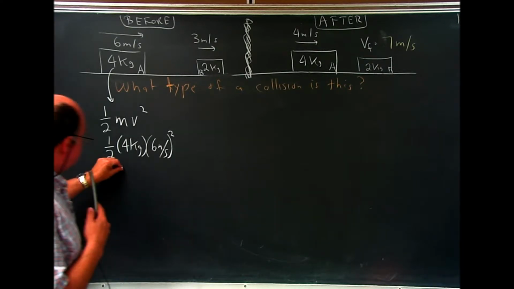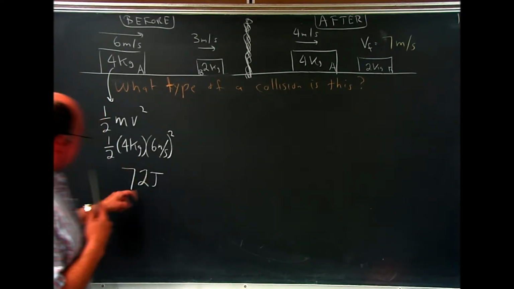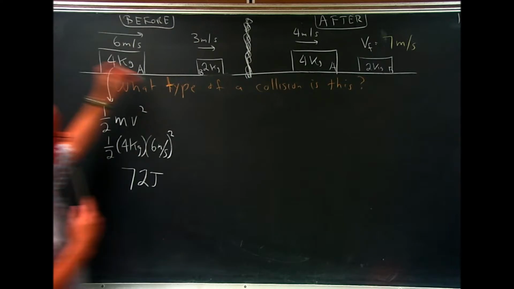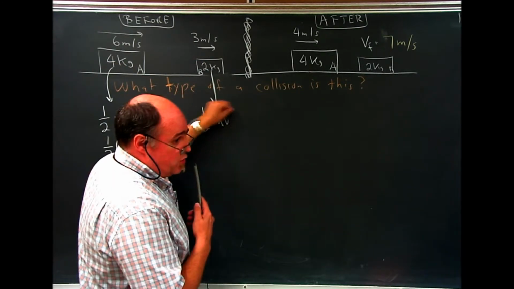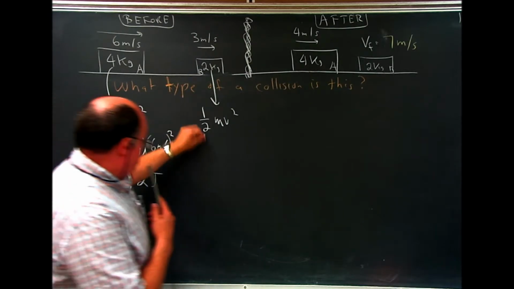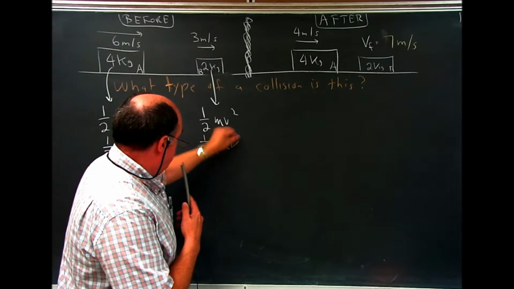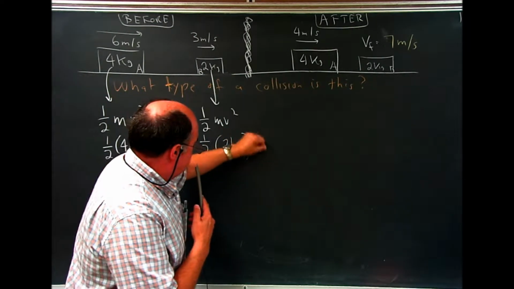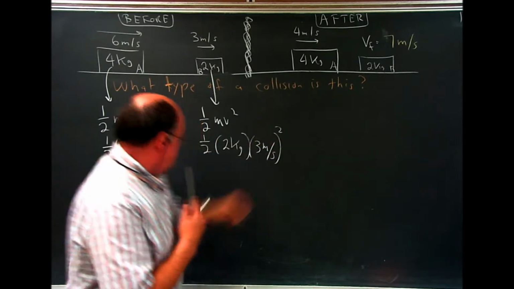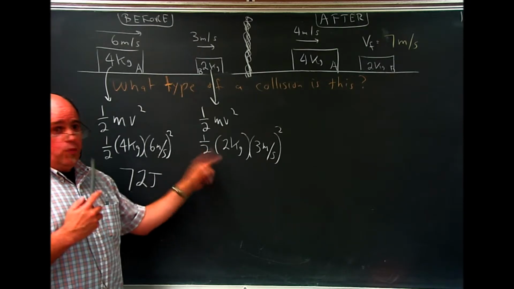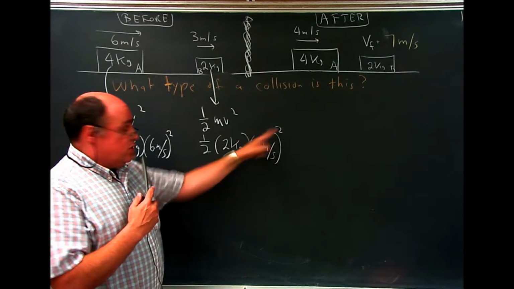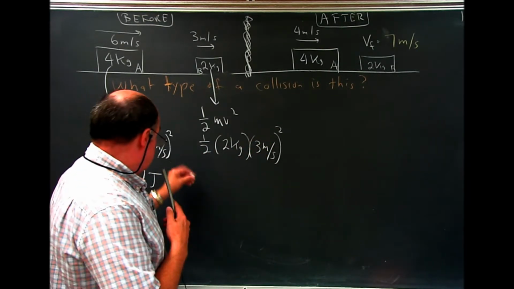So we have 72 joules of kinetic energy from this piece. And this piece right here would have a kinetic energy of 1/2 mv squared. The mass is 2 kilograms, and the speed is 3 meters per second, and we have to square that. Again, you can do it in your head pretty much. 2 times a half is 1, and 1 times 3 squared is 9. So this gives me 9 joules.